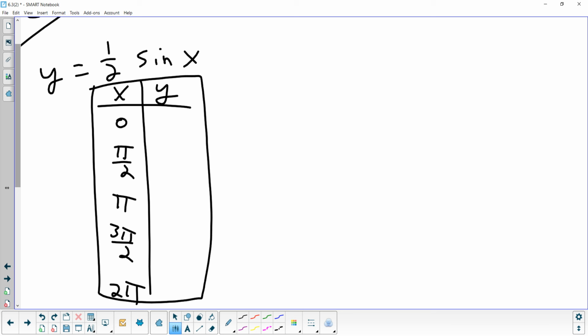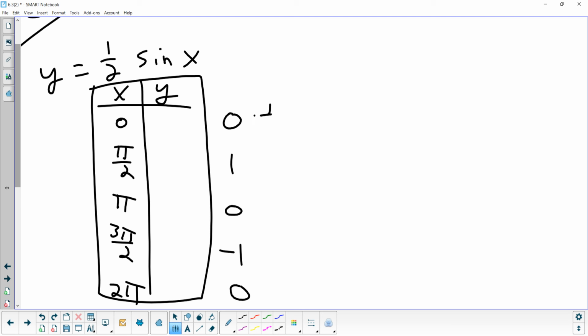And Ashley, what are my original Y values for sine? 0, 1, 0, -1, 0. Okay, so we got those. And Sarah, what am I going to do to all those Y values? Multiply them by half.